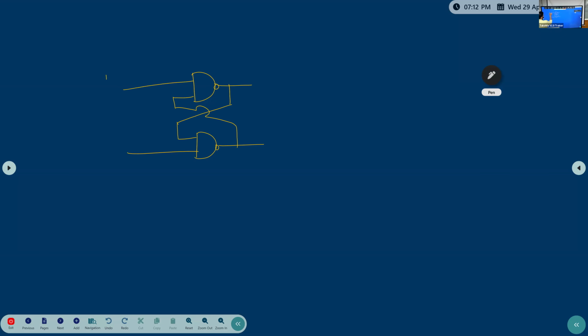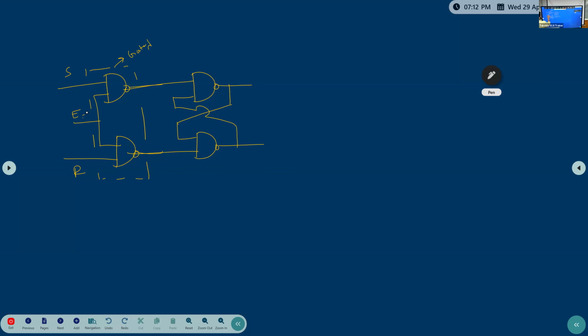Now this is S, this is R. So this is the gated structure. This is the enable E. This is the gated SR latch. This is the enable.